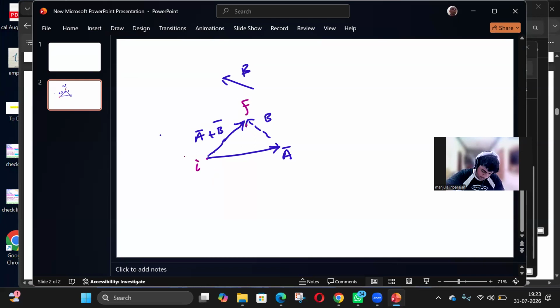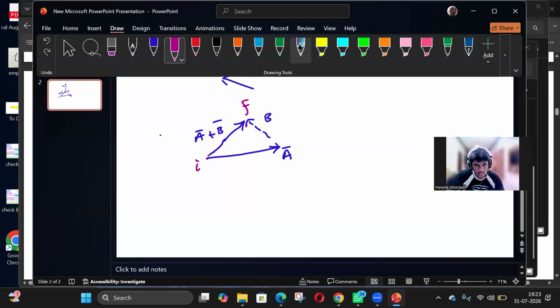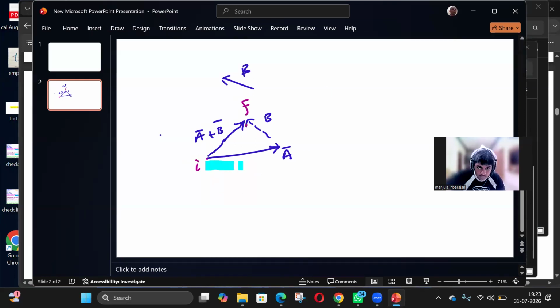One is along A and then B, and one is along this A plus B. Both reach the same point, so both are the same. This is A plus B as a single vector, and this is A vector plus B vector. So this is the triangle law of addition. Complete the triangle by making head and tail join together.